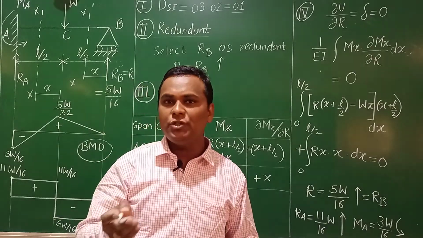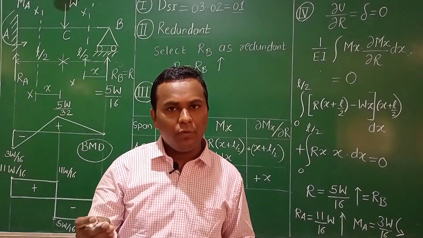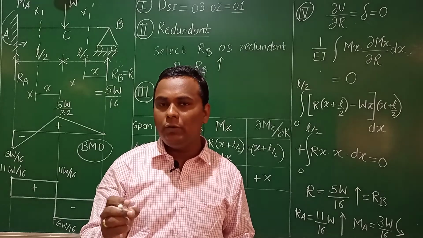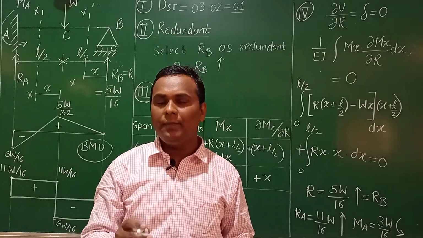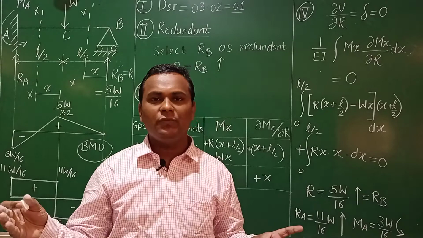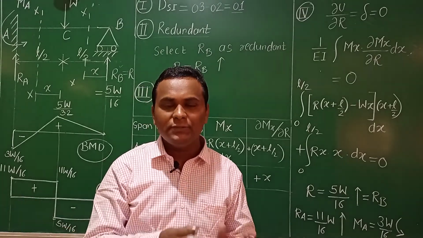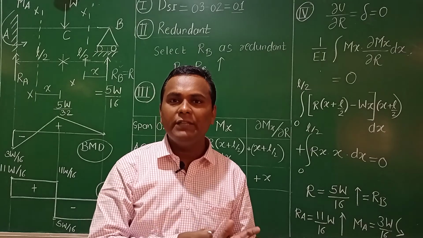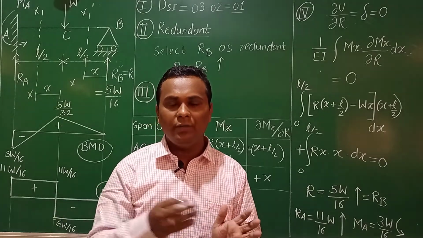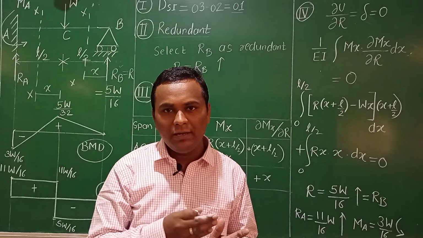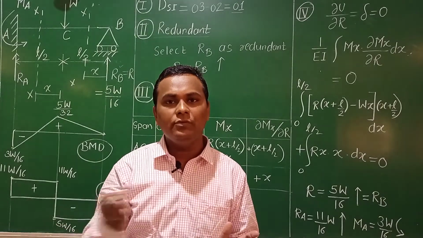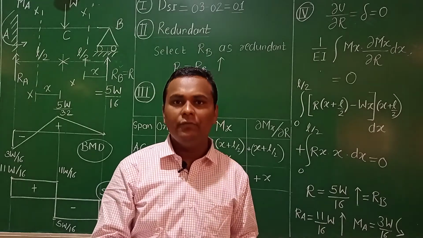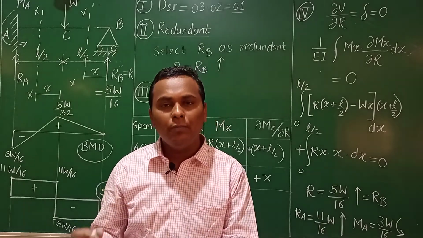It may be a combination of a uniformly distributed load and a point load, or of uniformly distributed load with the applied couple. In all the combinations of this type of loading, just by considering the spans differently, as I told you initially, if there is change in the loading as we move from the left end to the right end or from the right end to the left end of the beam, as per that we need to select the number of spans.